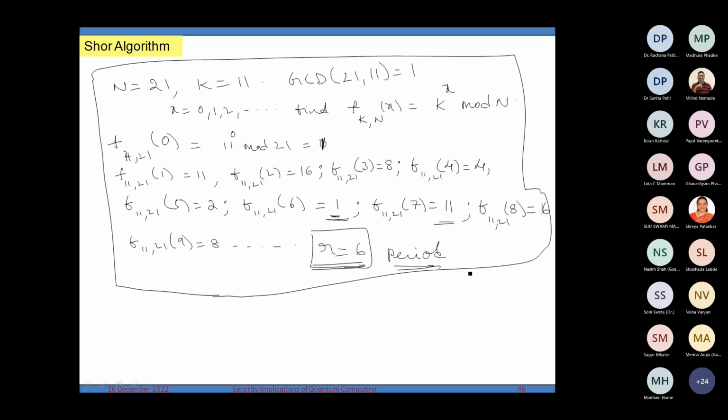Again, when you are asking the question, I think you are visualizing in your mind that these calculations are happening sequentially. But rather, you should think that when all these states are in a superposition state, the computations are happening parallelly. Remember, if you look at what I have mentioned here, this particular period calculation step, I gave the case of a two-digit number, n is equal to 21, k is equal to 11. My x values would go 0, 1, 2 up to say 21.